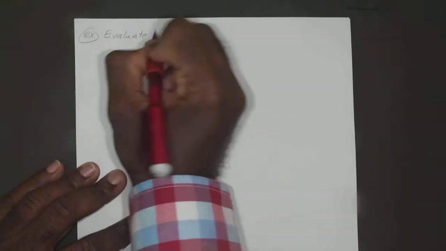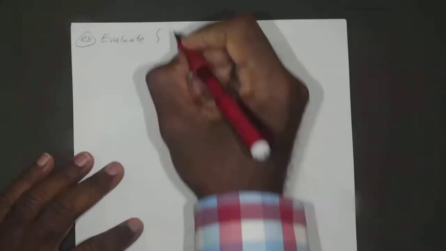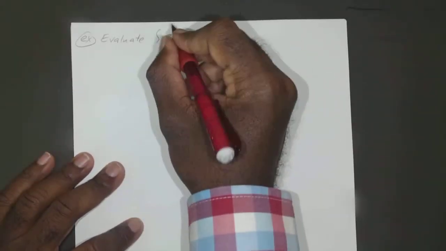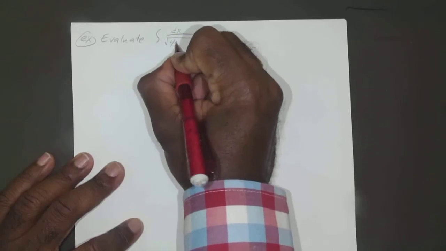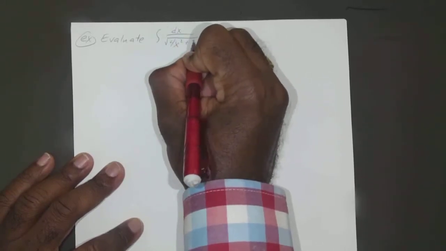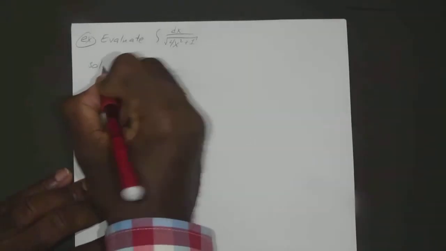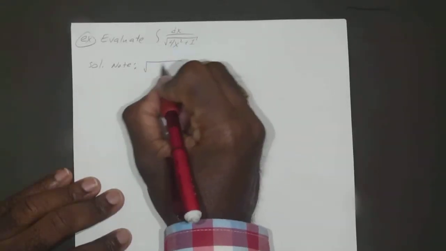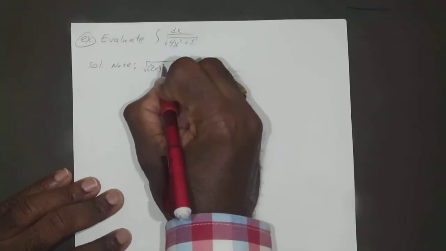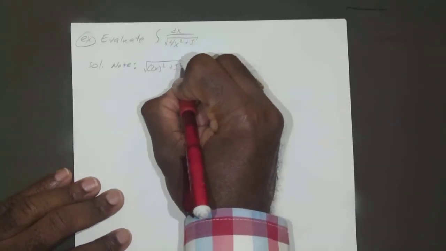Okay, so if you evaluate, say, the integral of dx over the square root of 4x squared plus 1. All right, so for this one, we're just going to rewrite that one as the square root of 2x squared plus 1 squared.